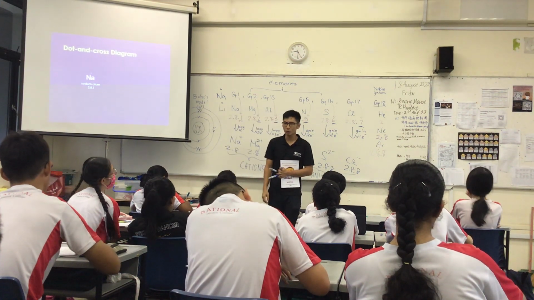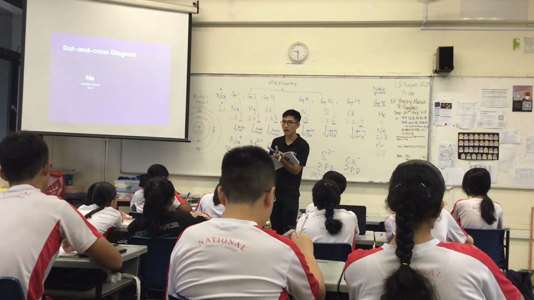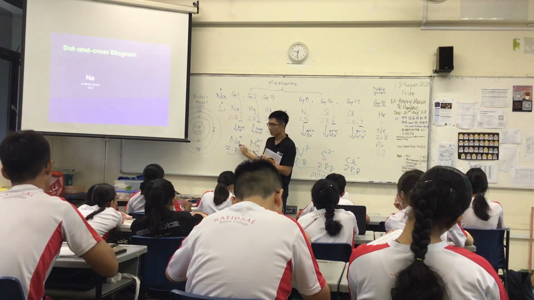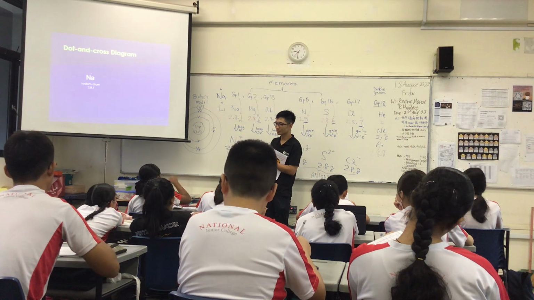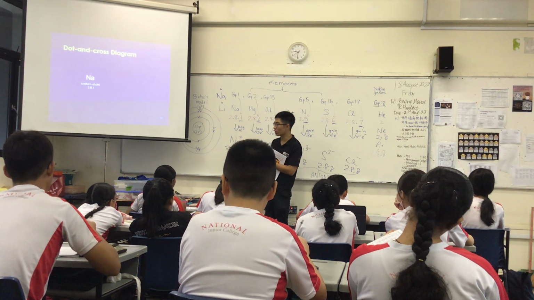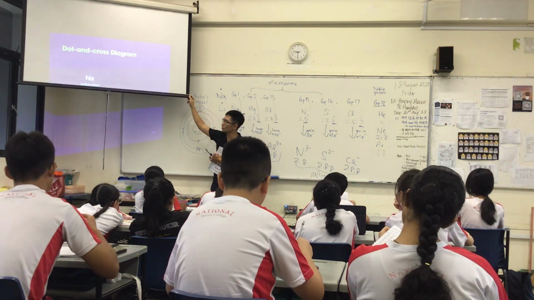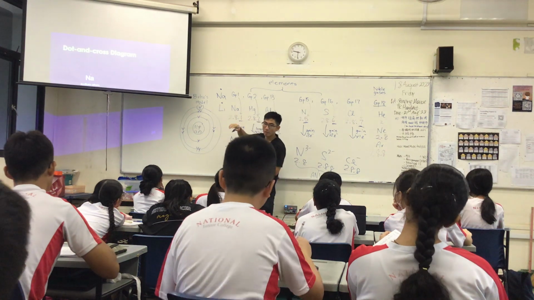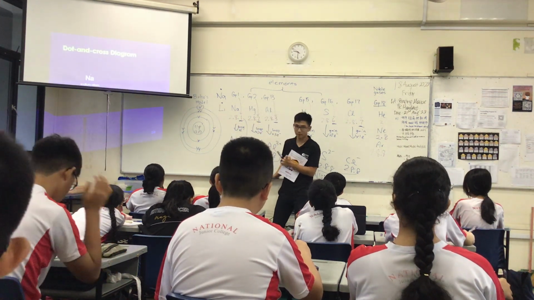Okay, what if I ask you to instead draw the dot and cross diagram for sodium ion? What will it look like then? Okay, sodium ion. The interesting thing is, if I ask you to draw a dot and cross diagram for an atom like sodium, remember, sodium loses one electron, correct?